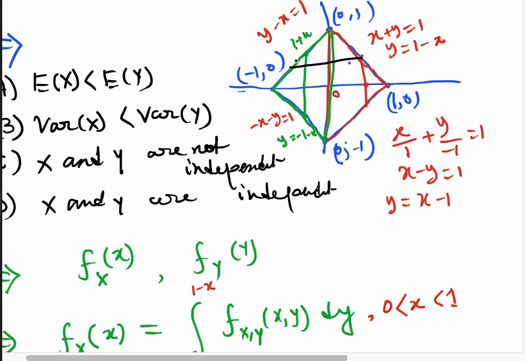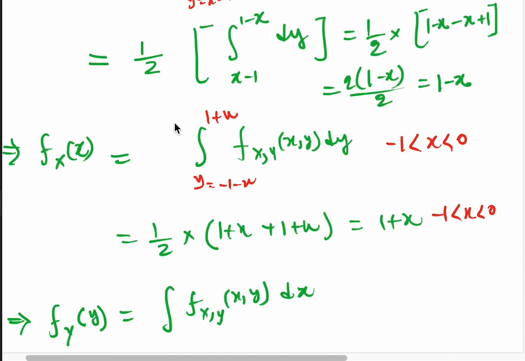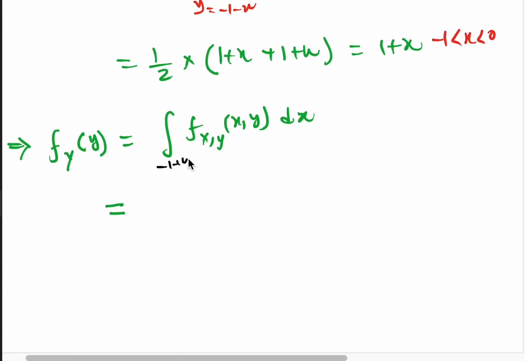In one region the values of x go from y minus 1 to 1 minus y, and the density is half again.